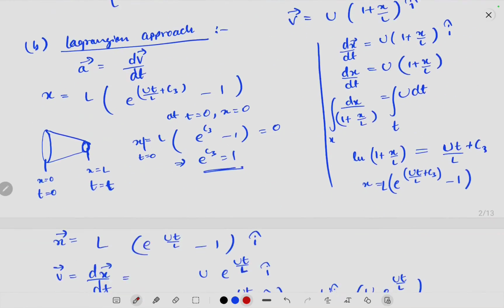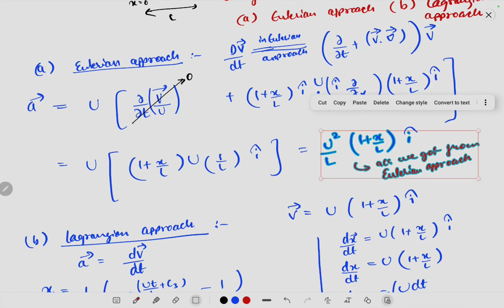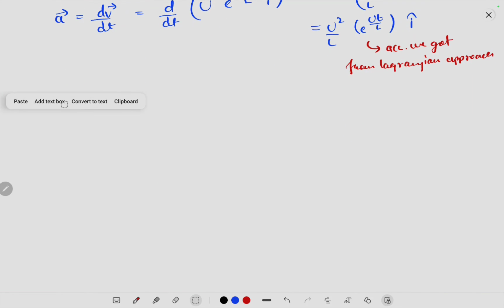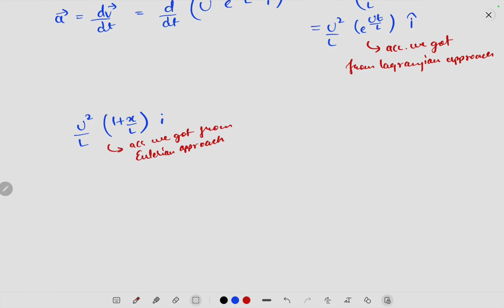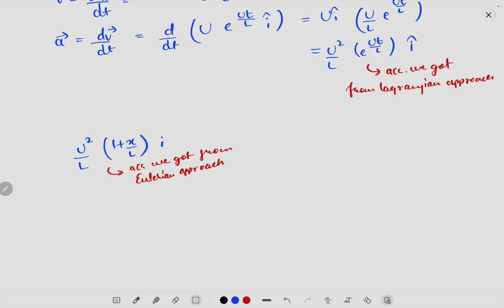So are they the same? Let me just write it here. So this is the acceleration that we got from the Eulerian approach, and this is the acceleration that we got from the Lagrangian approach. To compare them, we have to write x in terms of t, right?